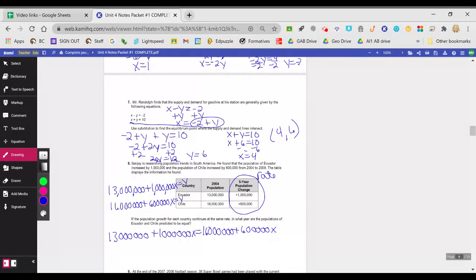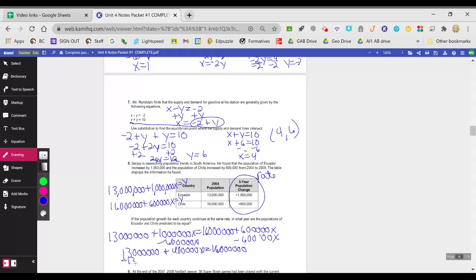I'm going to subtract 600,000 x from both sides. And that gives me 13 million plus 400,000 x equals 16 million.